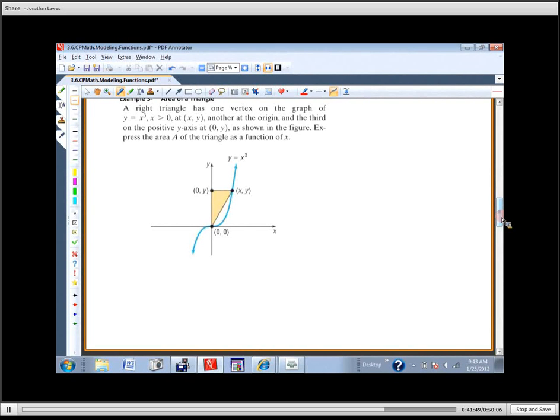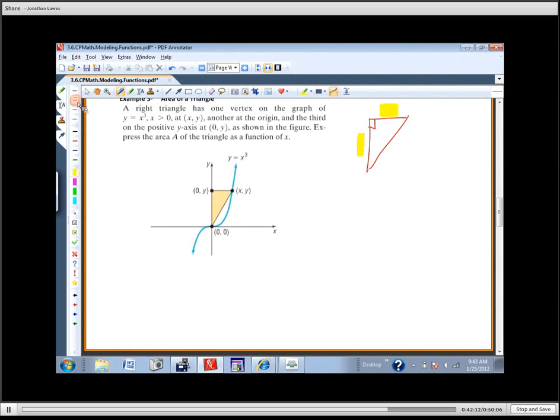Okay, don't read the problem. If you started, just stop. That's a triangle, right? If that's a right angle, what would I need in order to figure out the area? The base and the height, right? I'd need the height and I'd need the base. Those are the two things I need.